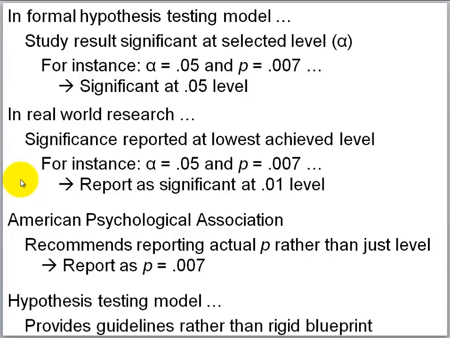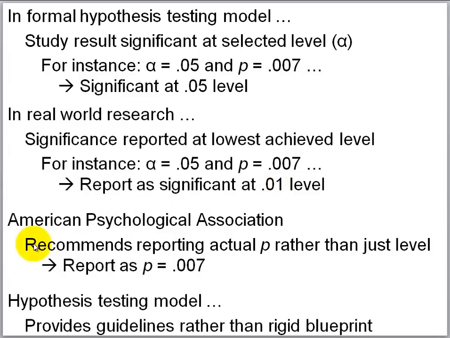More informally, in real-world research, most often, researchers don't bother to select a significance level ahead of time. They don't bother to do so because they're going to report the level as significant at whatever level it achieves. For instance, our p of 0.007 achieves significance at the 0.01 level.